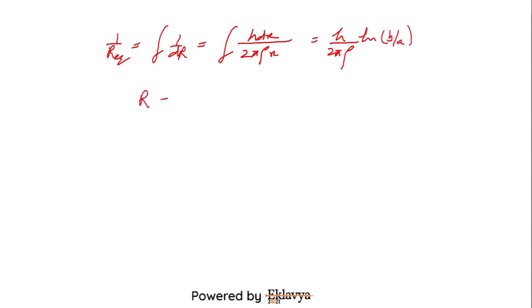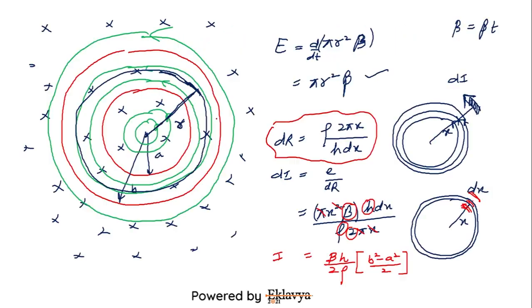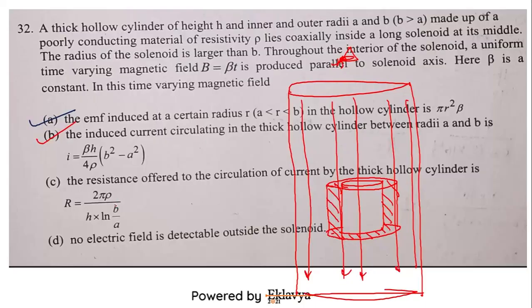So the resistance will be 2 pi rho by h ln b by a. Let's check the option. So 2 pi rho and then h ln b by a. So even C option is correct.